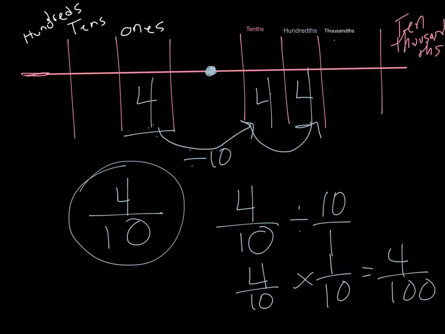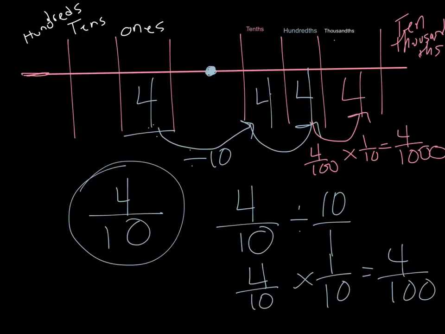Now let's see if we had started with 4/100 and we divided 4/100 by 10 again, we would end up with 4/1000. 4/100 divided by 10 is the same as times 1/10. We'll get 4/1000.